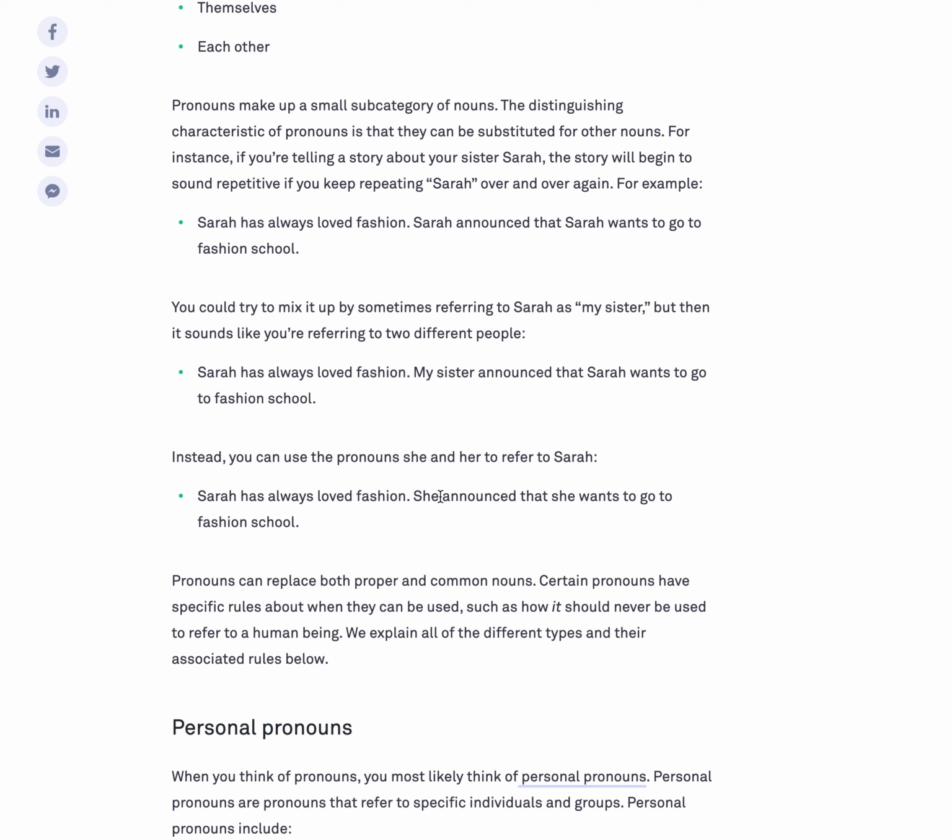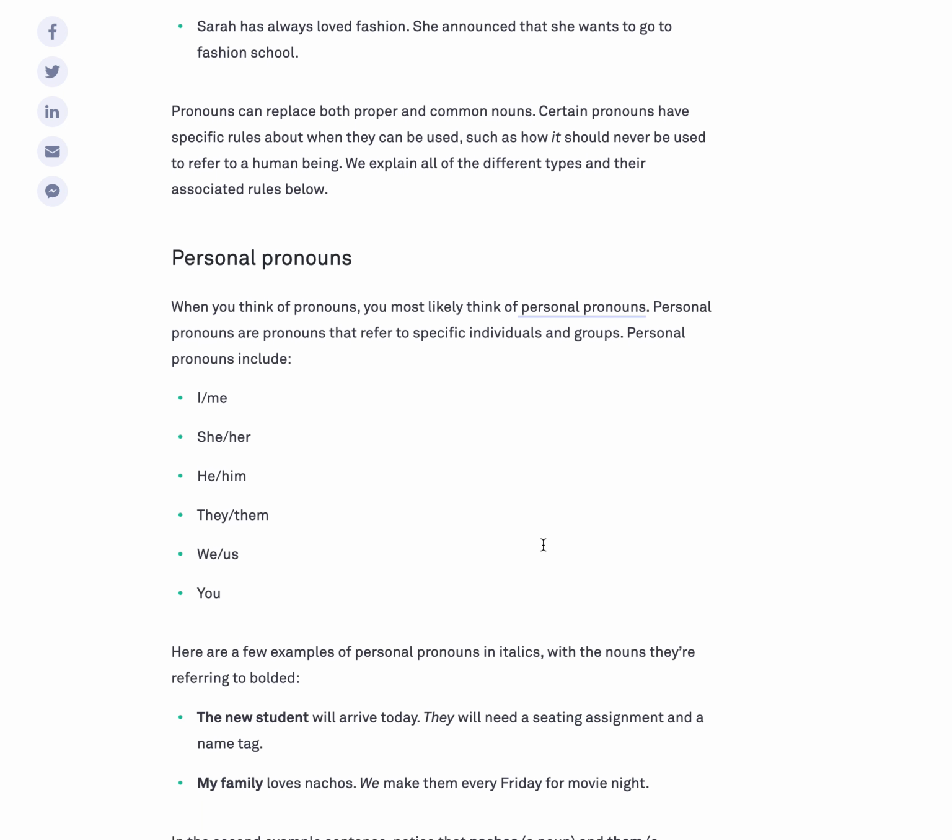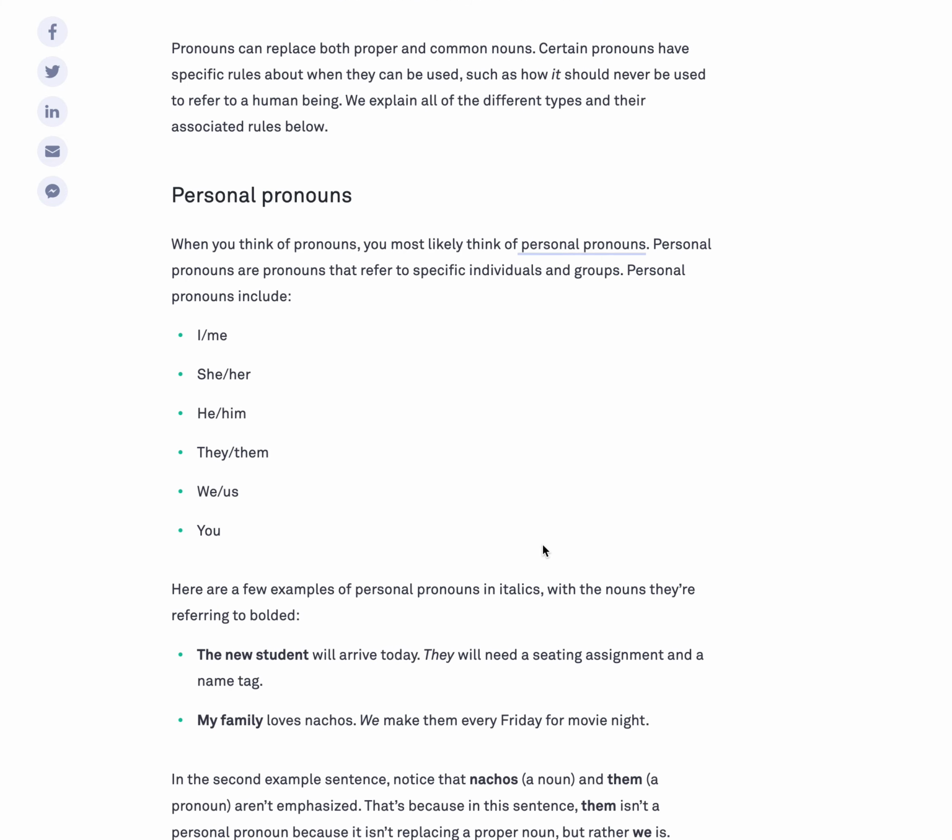So basically, you have to be very careful when you write these essays that you don't drop a pronoun in without a noun to refer back to, or like in this case where they've got the my sister and the Sarah, that you don't have two pronouns and one is referring to the sister and one is referring to Sarah, but we never got the sister, so we have no way of knowing that. That's how it most directly affects you and your writing.